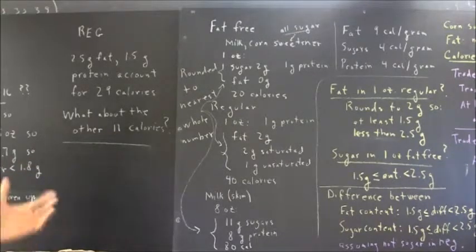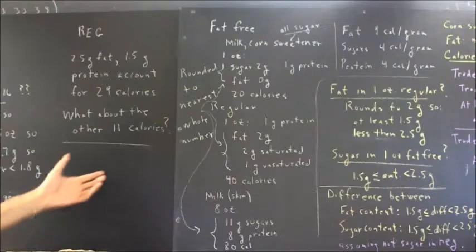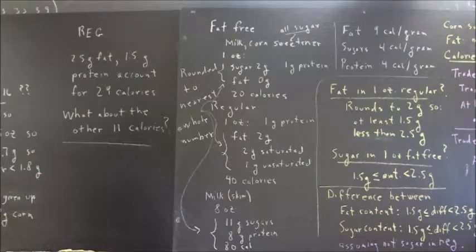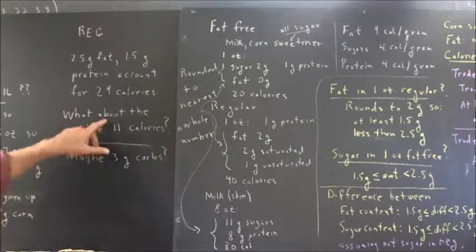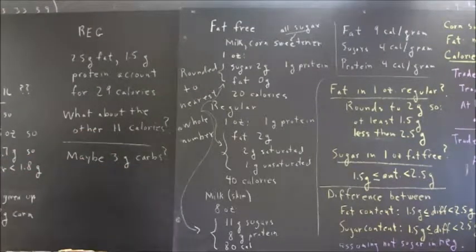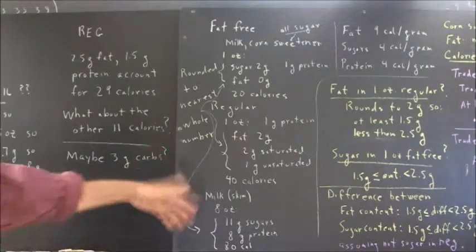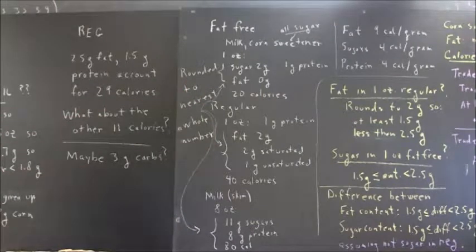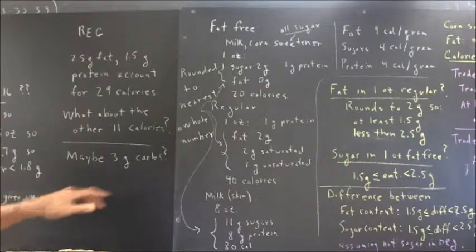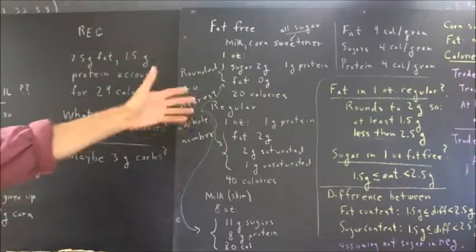Well, very possibly from sugars. I didn't report the sugars. Well, that could maybe be about 3 grams of some kind of carbohydrates, milk sugars, because you expect that there's milk in half and half. Matter of fact, you could actually quantify that. So I don't have complete information here.